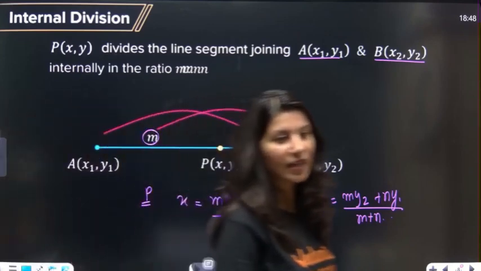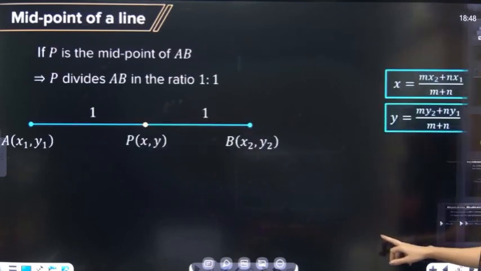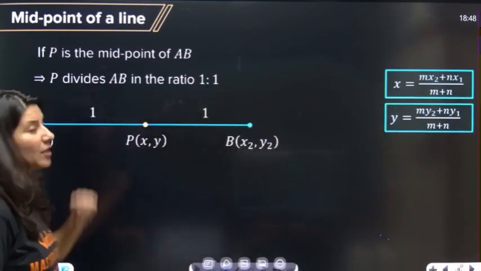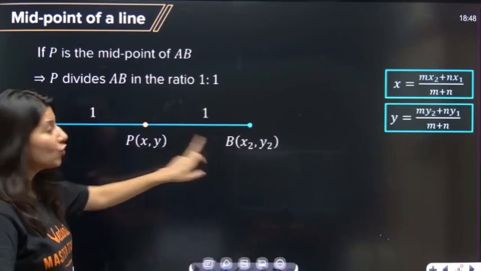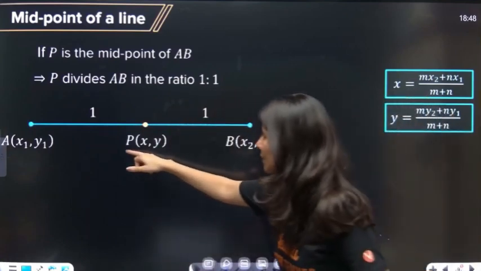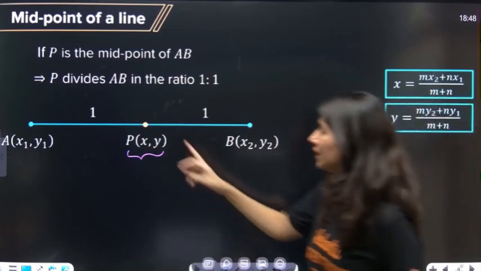Okay, everybody, internal division clear? Yes. Now, this is very important, the midpoint of a line. So suppose in this case, midpoint means what? P divides the line joining AB in which ratio? 1:1 ratio. Correct? Now, P over here is the midpoint of AB.